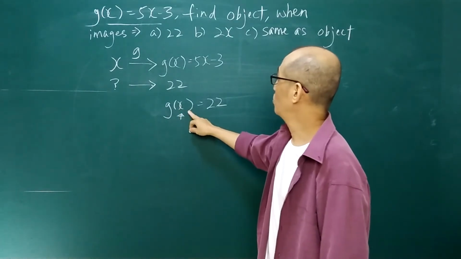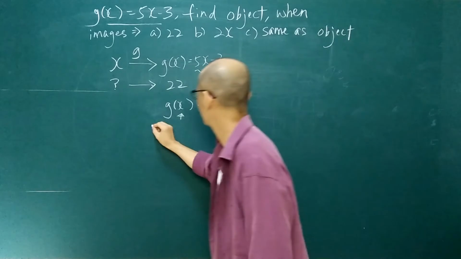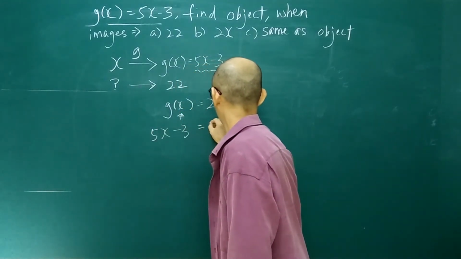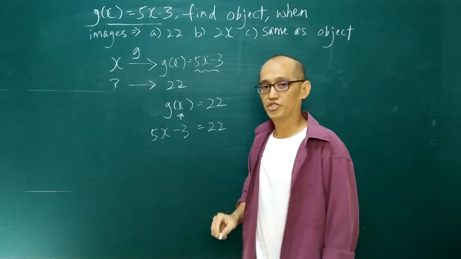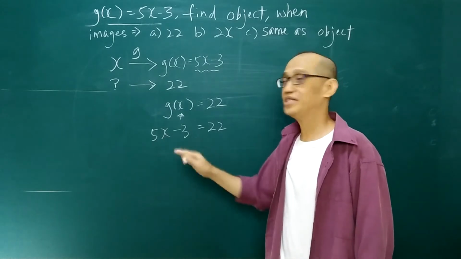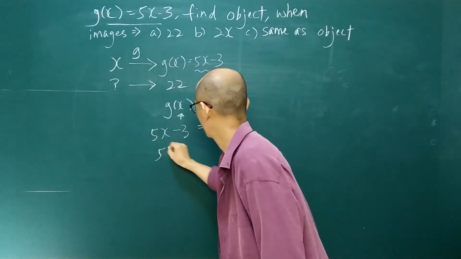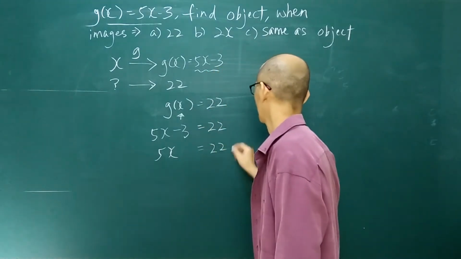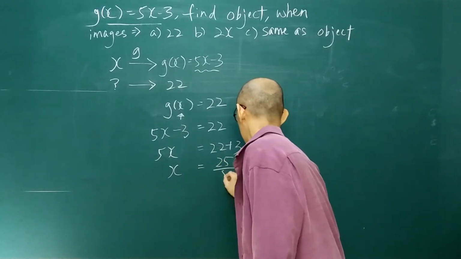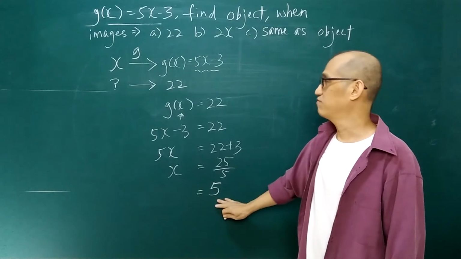Now g(x) is also 5x minus 3. So if we solve this equation, we can find x. And x is the object. So we get x equal 5.